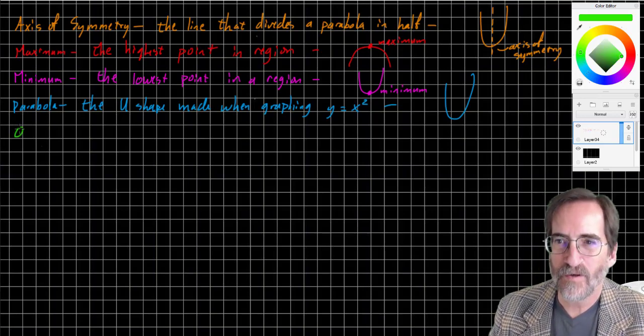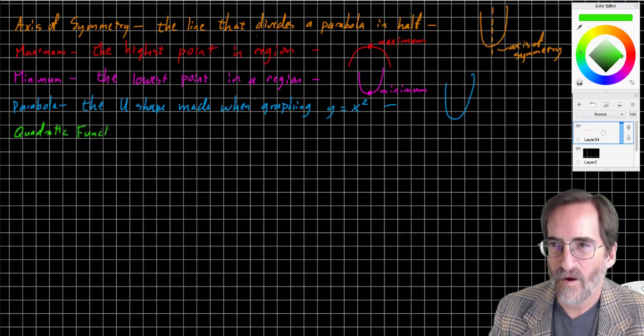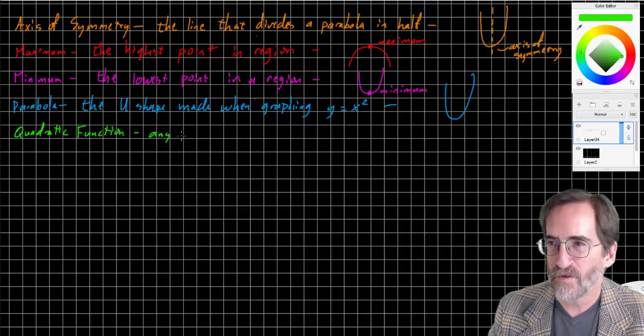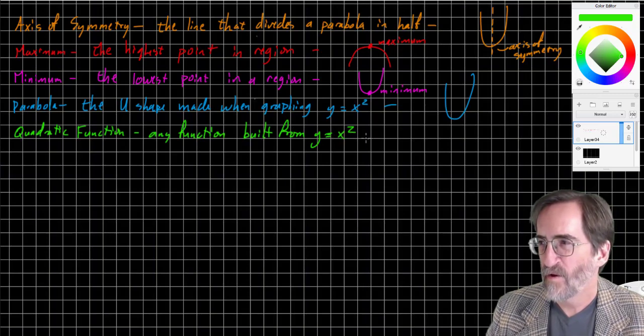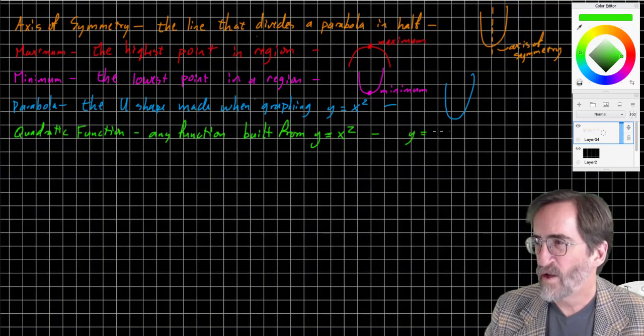Quadratic function. Any function built from y equals x squared. Example, y equals 2x squared minus 7x plus 4.